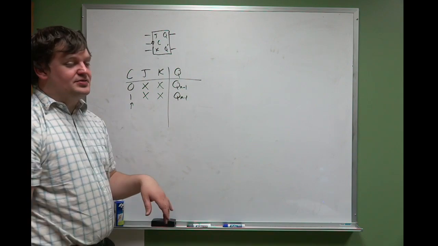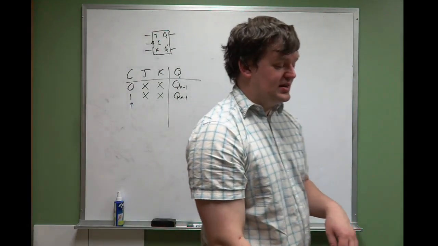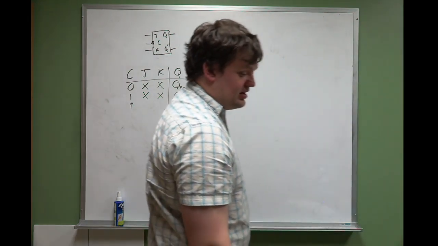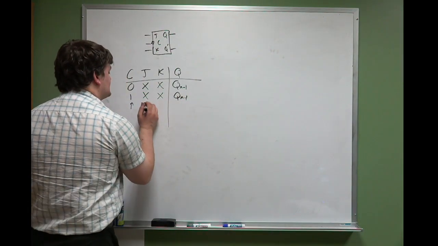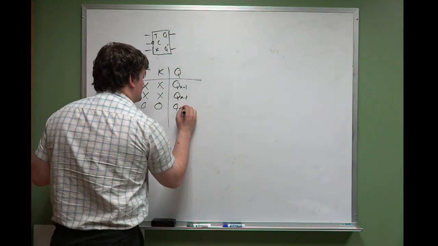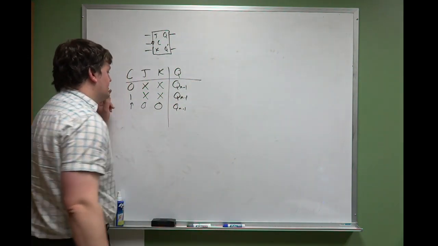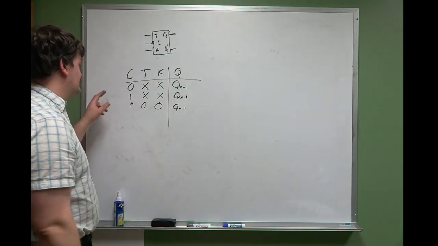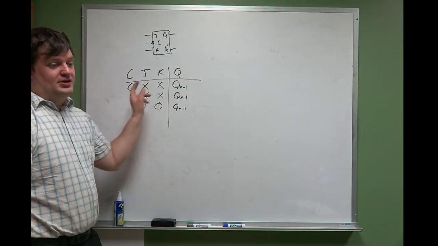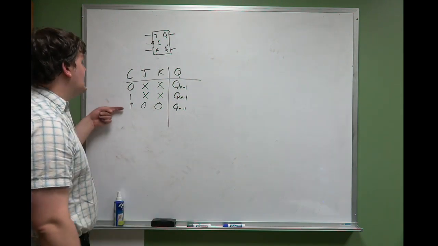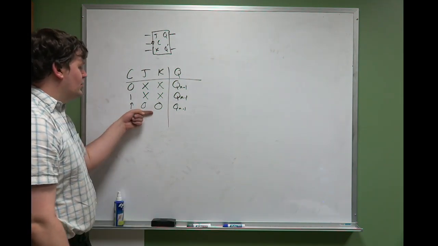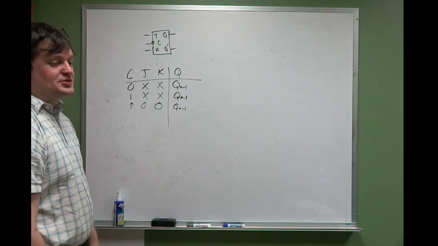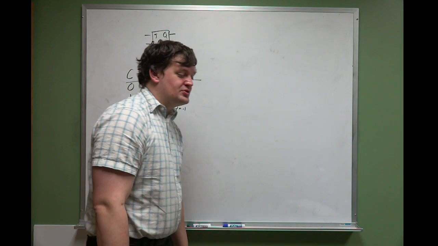If it's negative triggered, then it detects when a trailing edge occurs. But here, when both of these come in at 0, you have the memory state again, okay? So, if the clock is off, Q stays the same as whatever it was. If the clock is on, Q stays the same. If you detect a clock edge, but both of these inputs are 0, Q stays whatever it was. So this has been a very, very boring truth table so far.